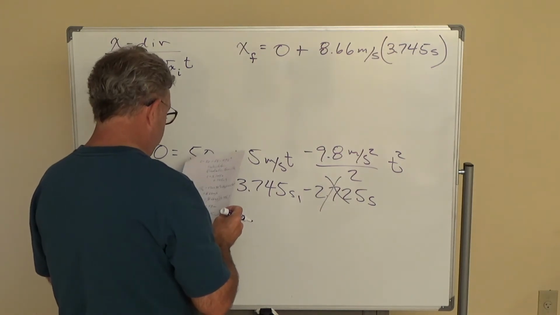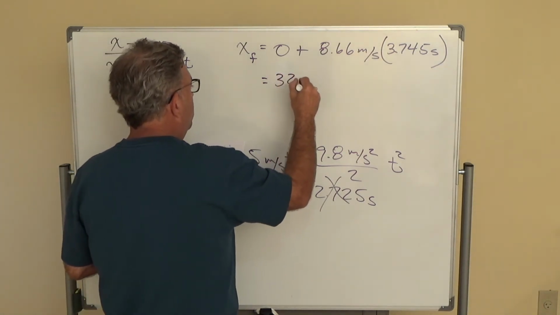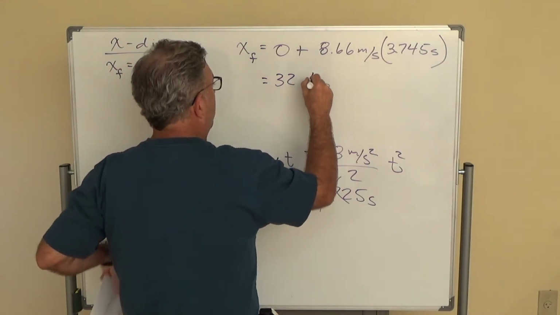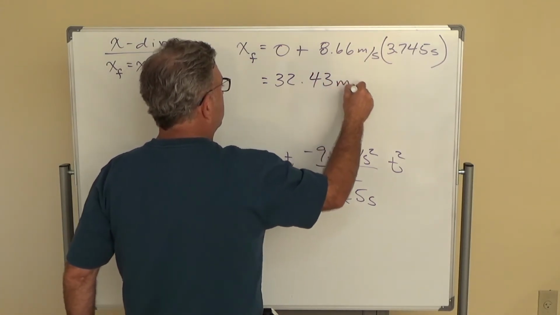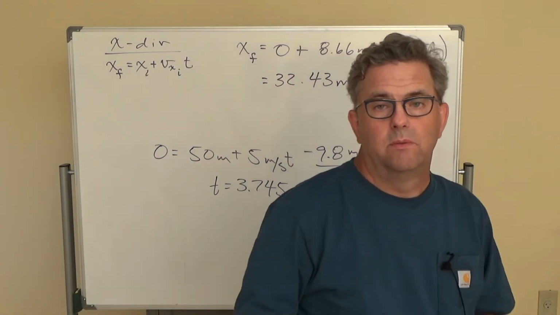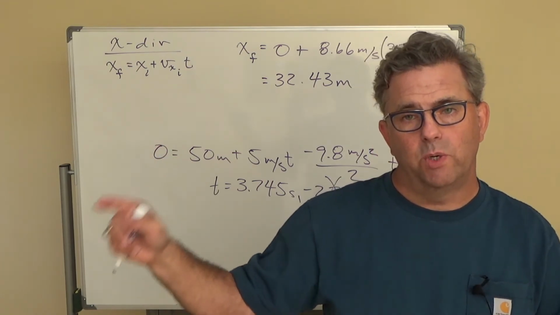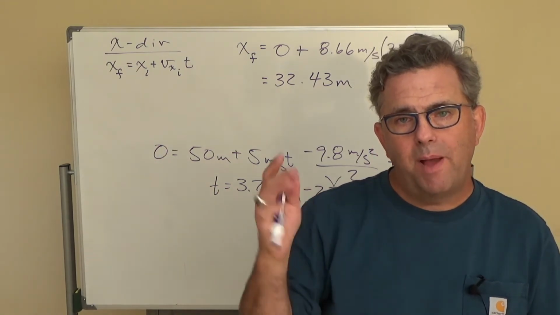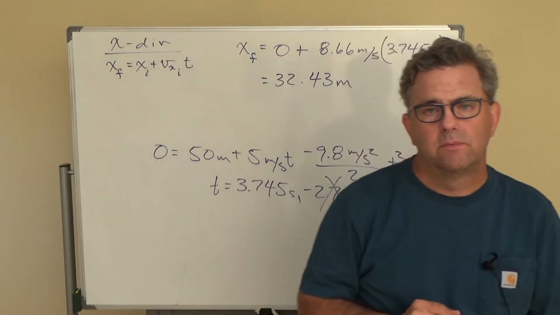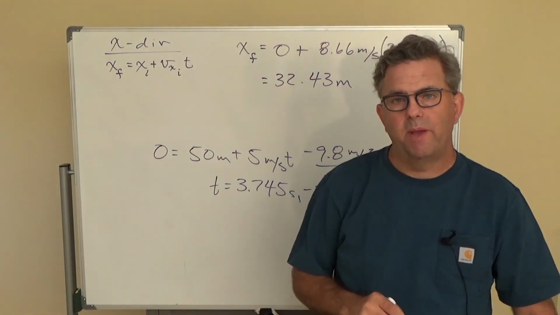And I get an answer of 32.43 meters. So that's how far from the base of the building that the object would impact the ground. About 30 meters from the base of the building.